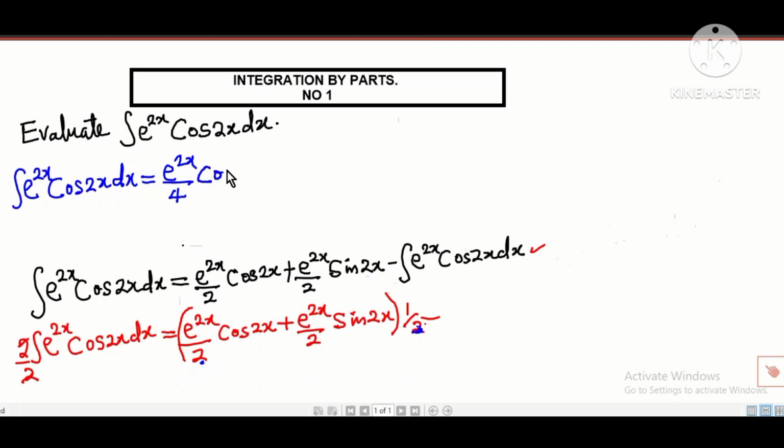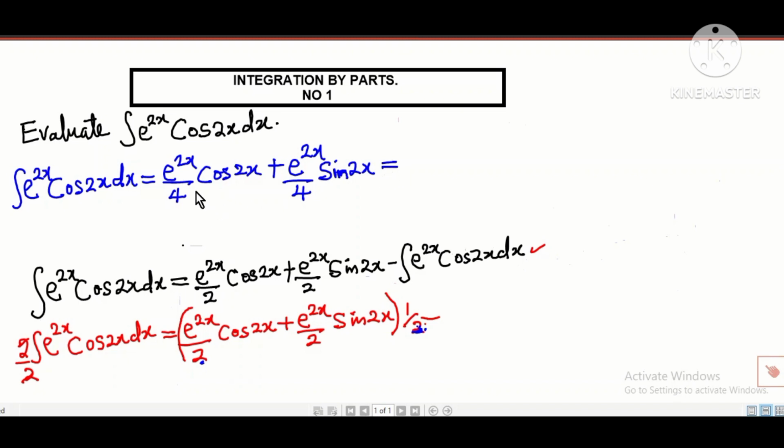Then I have cos 2x plus, and this also multiplied by 1/2 is going to be e to the power 2x all over 4 sine 2x.